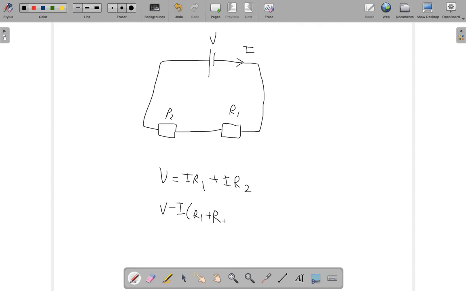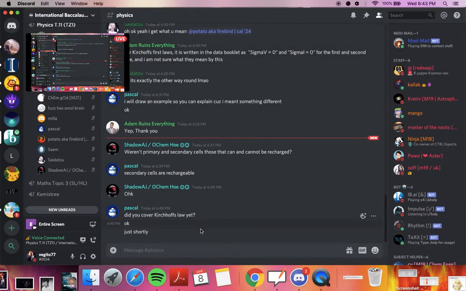I can simplify it like that because it's a series circuit, and it will equal 0, which is what I believe is in your data booklet. The sum of the potential difference over the entire circuit will equal 0. Does that work?